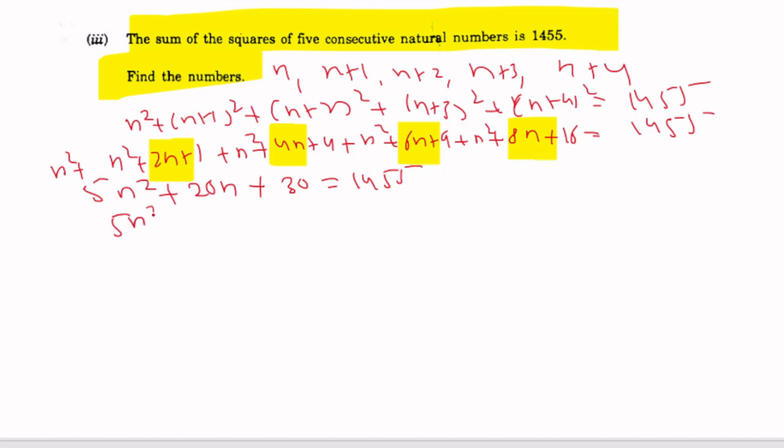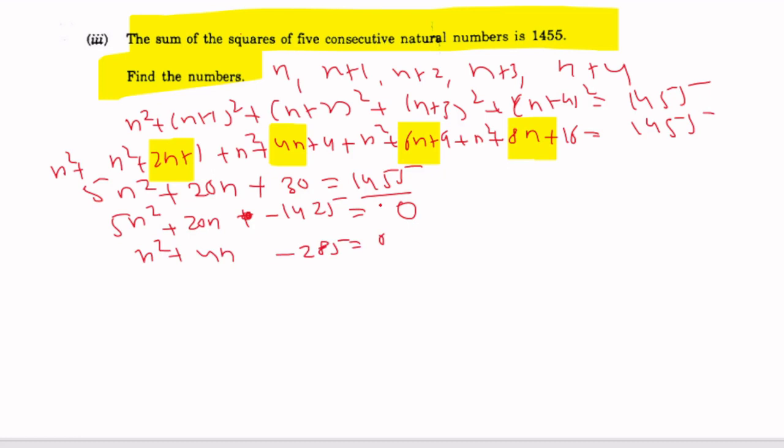Okay, so we bring this to the left hand side, plus 30 minus 1455, it will become 5n square plus 20n minus 1425 equal to 0. We can see that all the numbers are divisible by 5, so we can divide throughout by 5. We'll then get n square plus 4n minus 285 equal to 0.